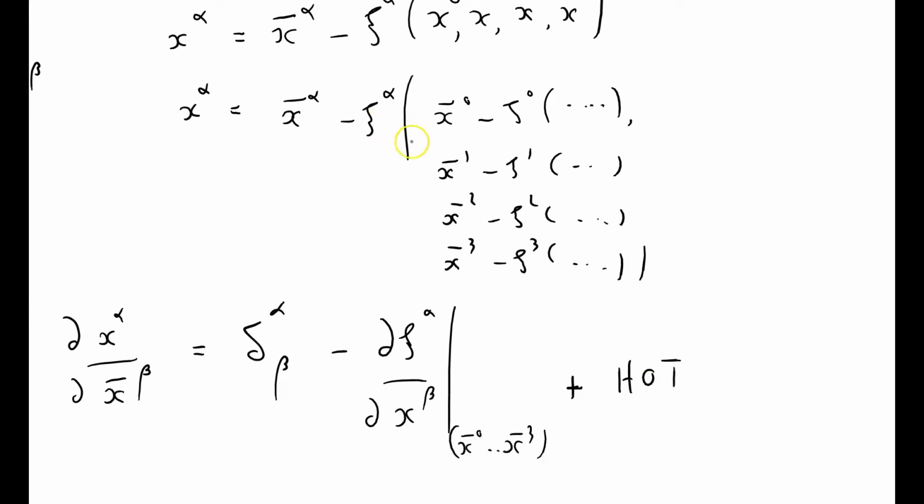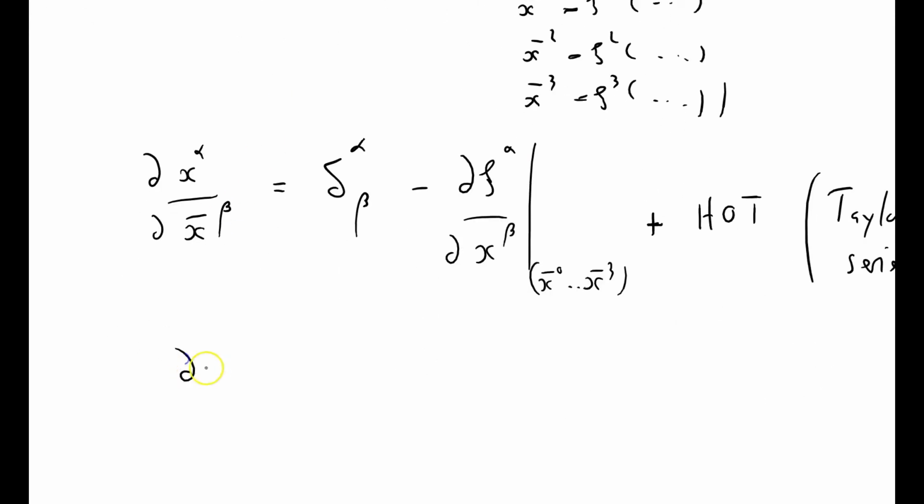Because I'm evaluating it, this is a Taylor series, and I'm evaluating the Taylor series at a slight offset here, so that requires second derivatives which are small in second order of psi, so I can just ignore that.